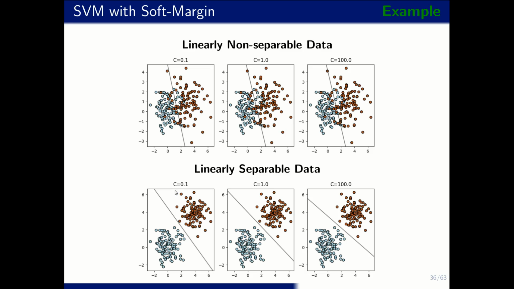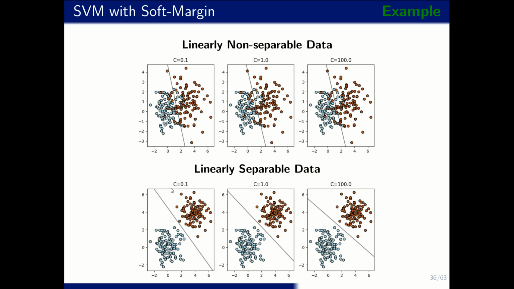Here are some examples demonstrating the effect of the trade-off parameter C. In this first example, we have data which is not linearly separable, and we play around with the C parameter. We see that in this case there is not too much effect: the hyperplane moves a bit, but it seems not too sensitive. Here we also check a linearly separable data set.